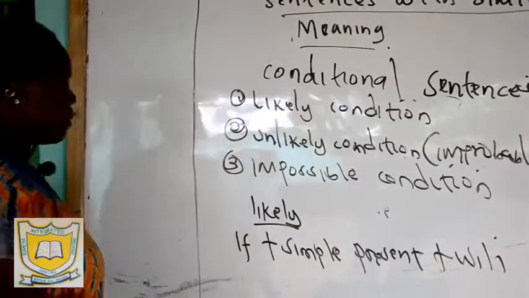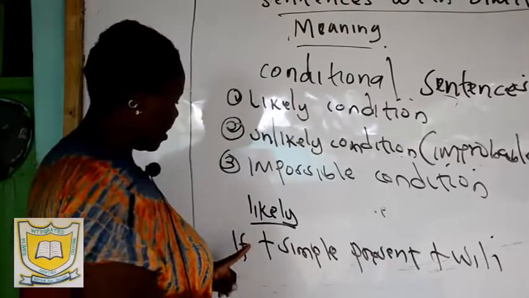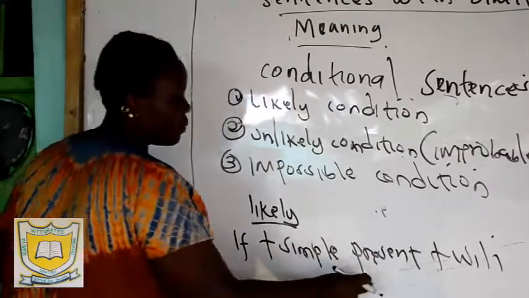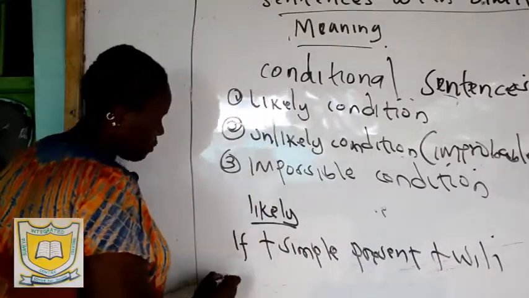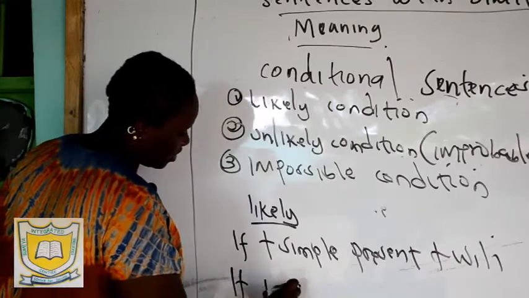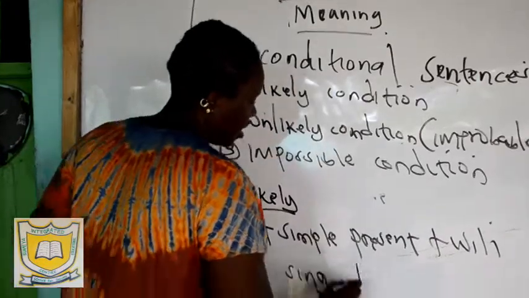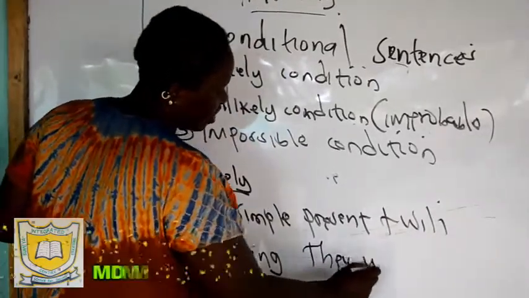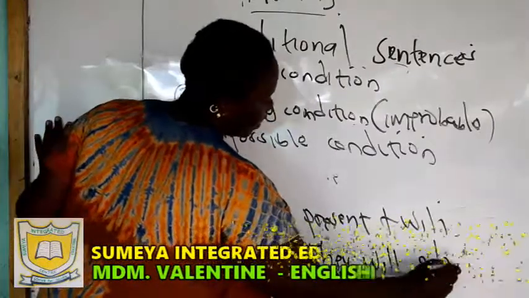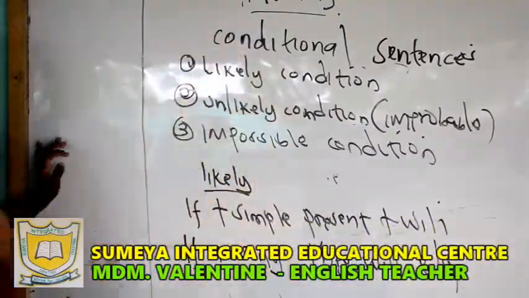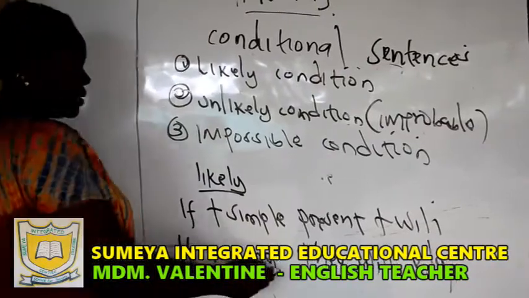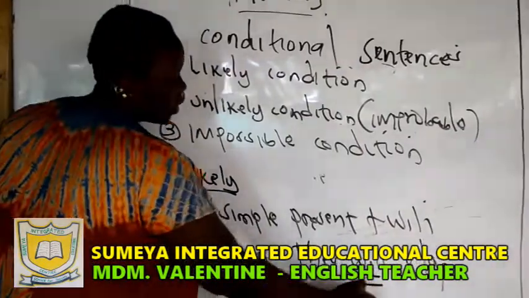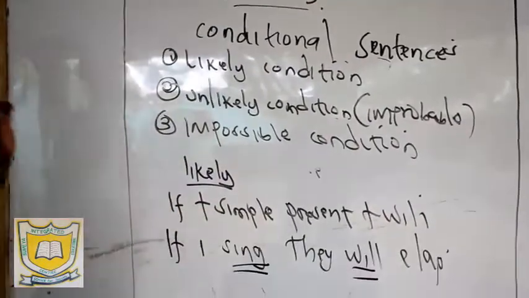Now, example, likely condition: if plus simple present plus will. So I'm going to say, if I sing, they will clap. So I have I plus sing, and then plus will, which is forming my likely condition.